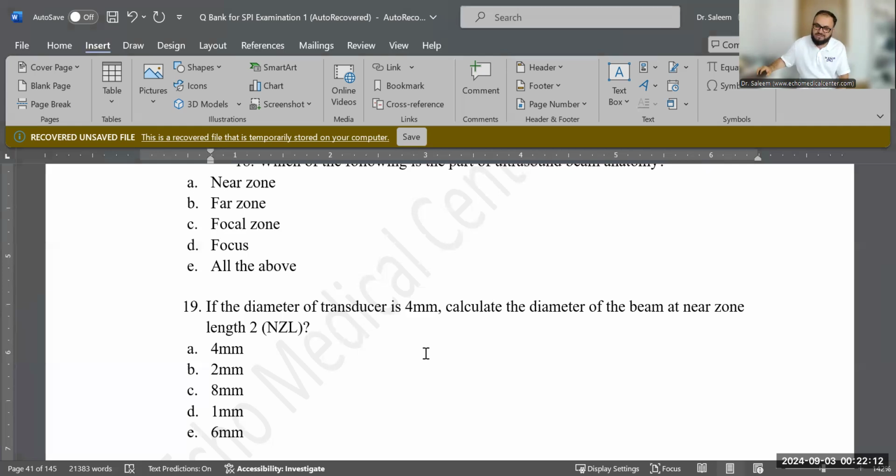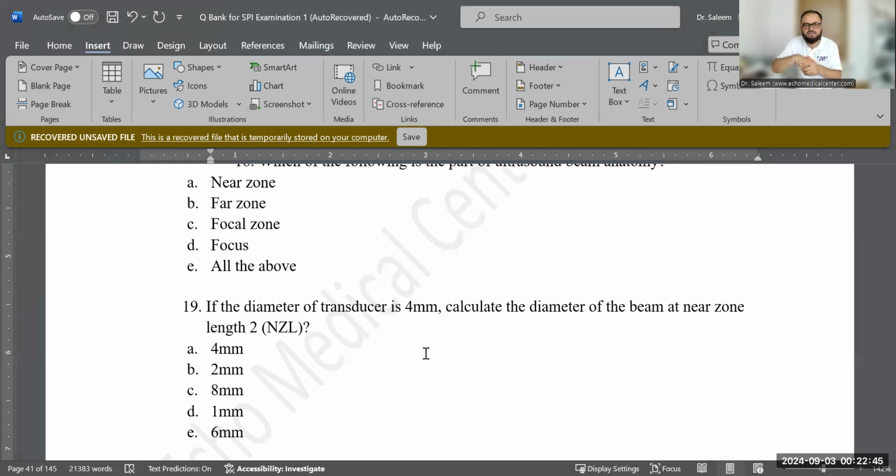Exactly correct. A is the correct answer because if you remember from ultrasound physics, we have a formula for the diameter of the beam. To look for the beam diameter, we need the transducer's diameter. So for NZL1, we said that the beam diameter at NZL1 is equal to half of the diameter of the transducer. And then the second formula: beam diameter in NZL2 is exactly the diameter of the transducer.